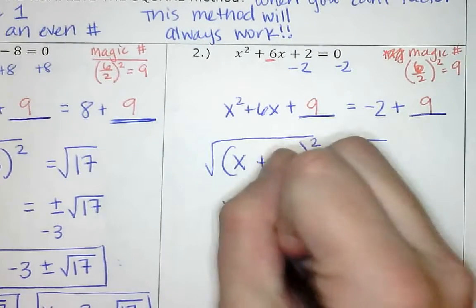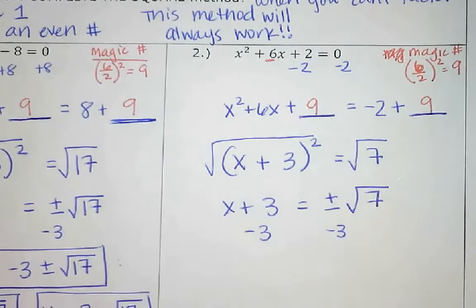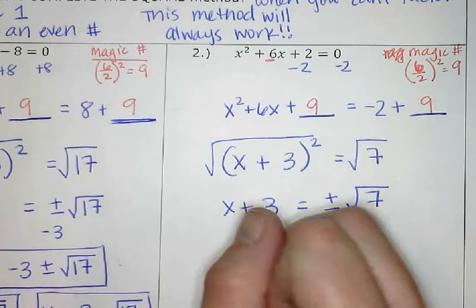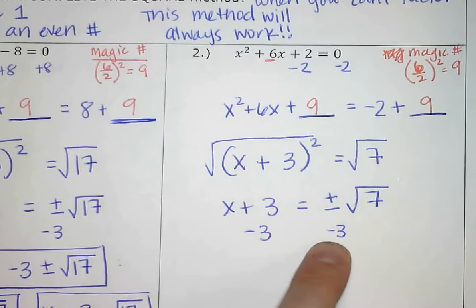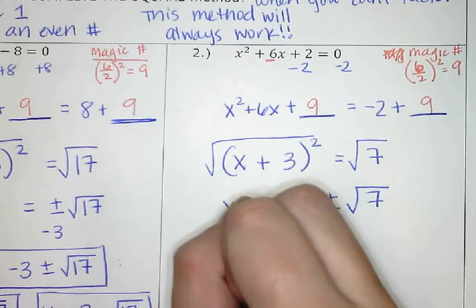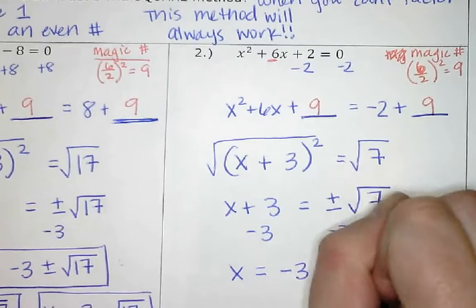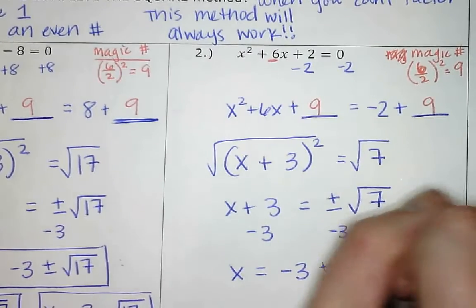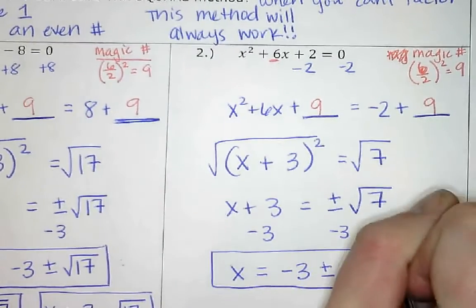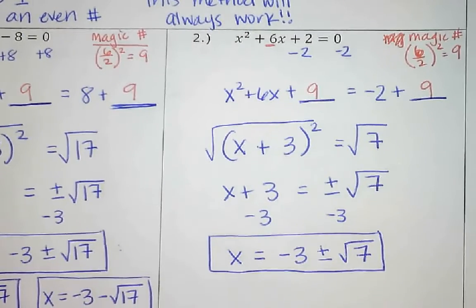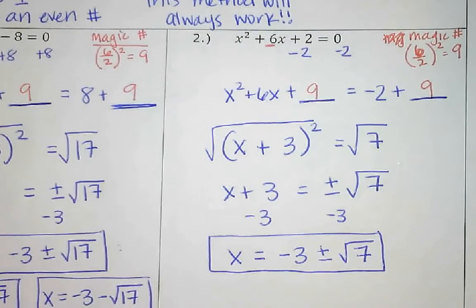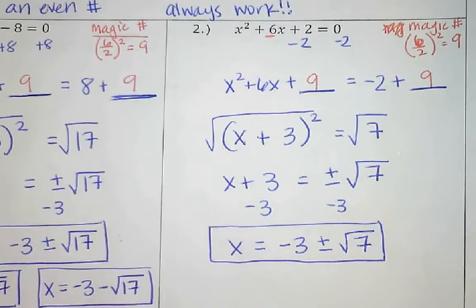I always like to put my whole number in front of my radical. So that becomes x is equal to negative 3 plus or minus the square root of 7. Now, you could also write it out as negative 3 plus the square root of 7 and negative 3 minus the square root of 7. Or you can just leave it as one if you don't want to have to write it out twice.